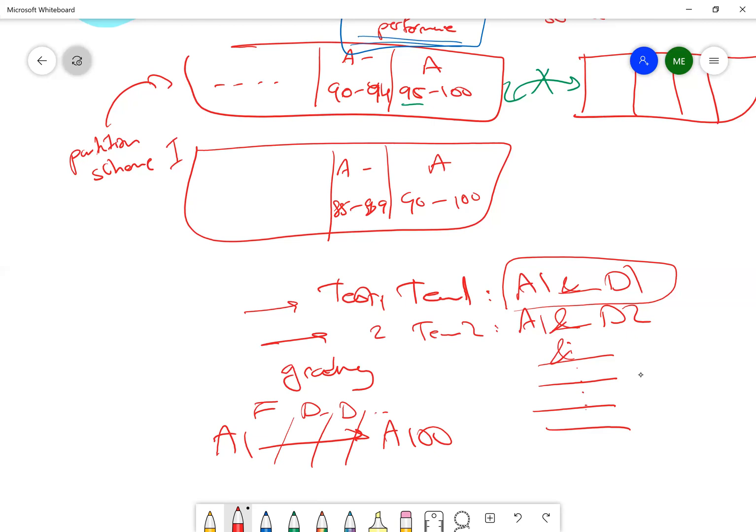Obviously, if I have 100,000 values, I'm not going to create 100,000 blocks. That's not really practical, and normally it doesn't make sense. Back to the grading example, 95 was equal to 96, was equal to 97, 98, 99, and 100. So what's the point of making 95 a block, 96 a block, 97 a block, and so on? Might as well put them all together in a block.